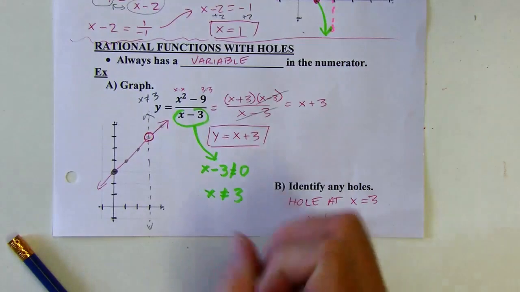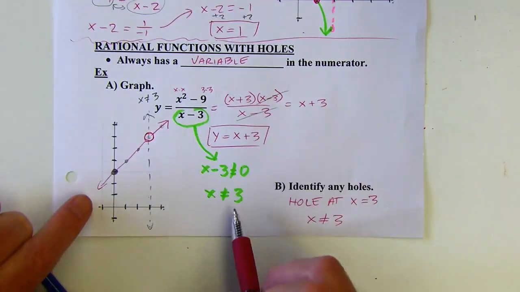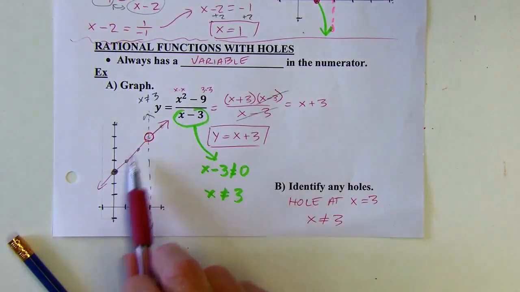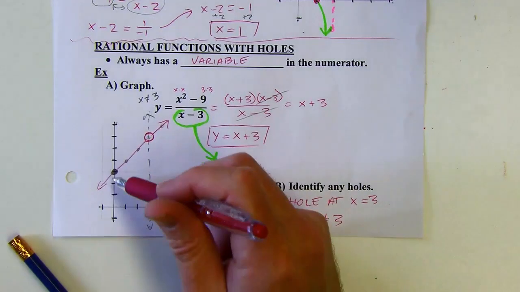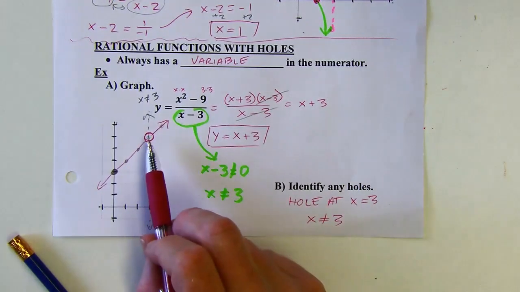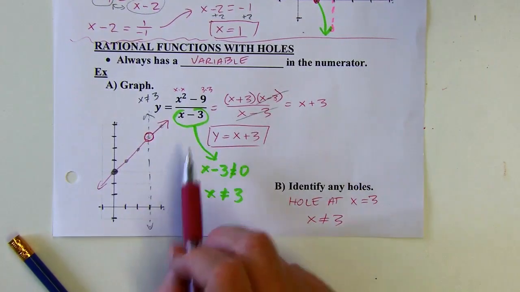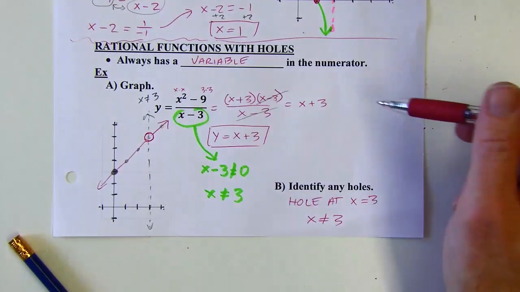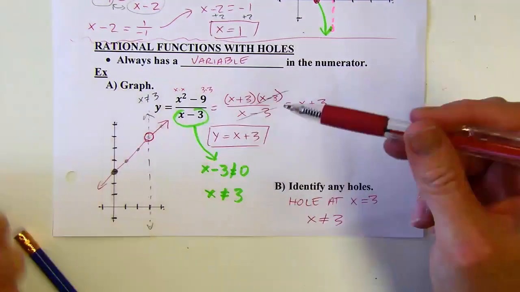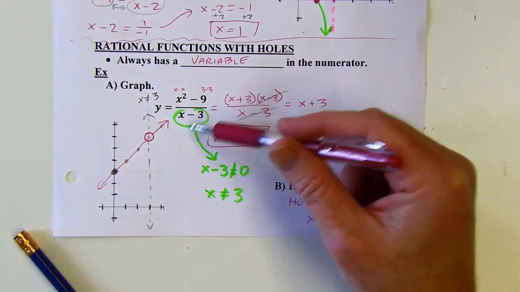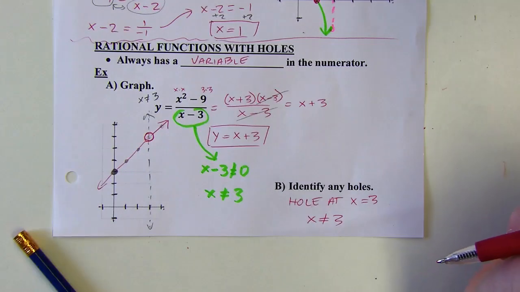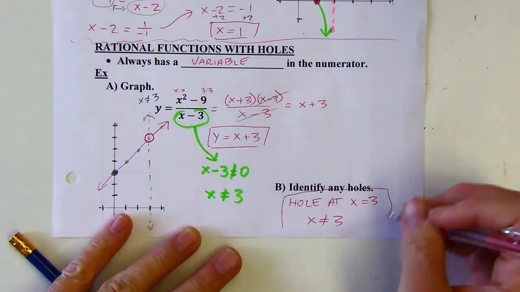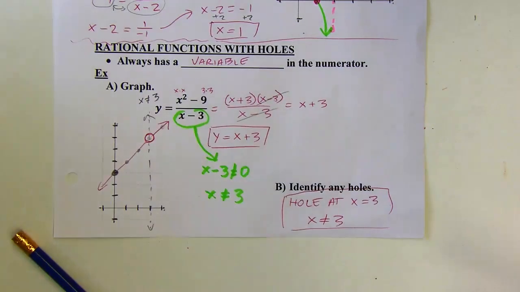So it's the line y equals x plus 3, except it's missing the point (3, 6). (3, 6) would be on the line y equals x plus 3, but it's not in this rational equation, because when we simplified it, we canceled out that denominator, but in the original equation that would give us a 0 denominator there, which is no good. So it's really just graphing. Once you simplify it, it's like graphing a line, but you've got to keep the hole in mind.